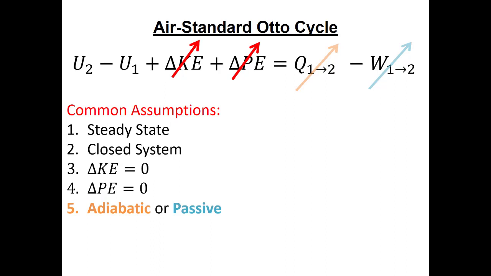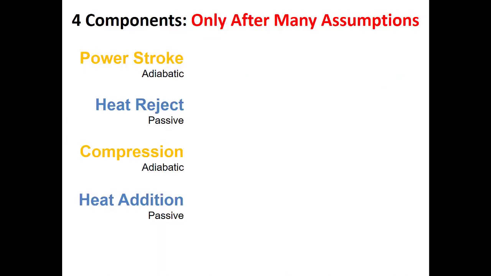So all the processes are either adiabatic or passive, and the ones that are isentropic, which is kind of the key to solving these things, are the ones where they're adiabatic, where I'm only solving for work. We're also assuming that all the processes are reversible, or that they're ideal processes that aren't generating any entropy.